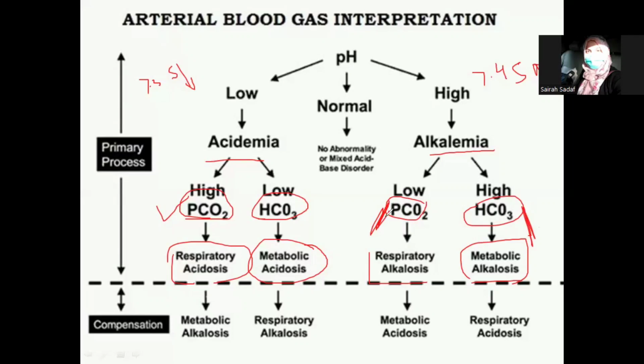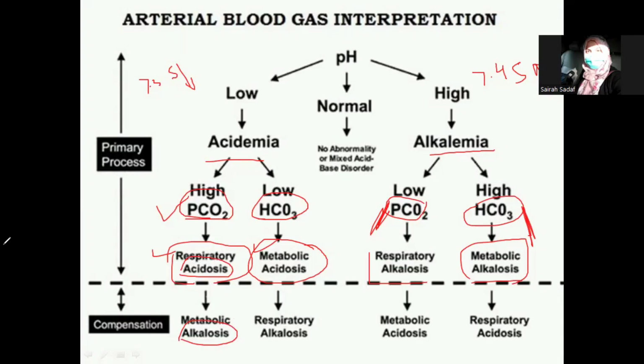Now, how are these compensated? First of all, these systems will be compensated by their parallel systems, or you can say the opposite system. Respiratory problems will be compensated by the metabolic system, and acidosis will be compensated by alkalosis.